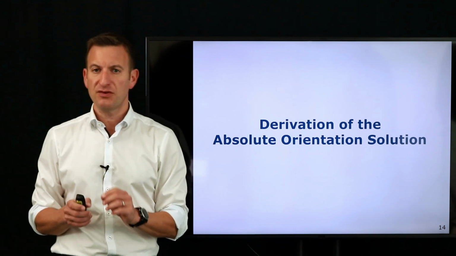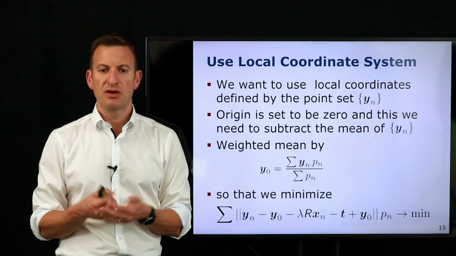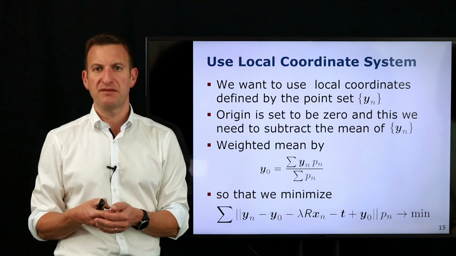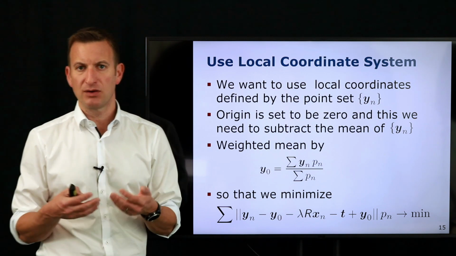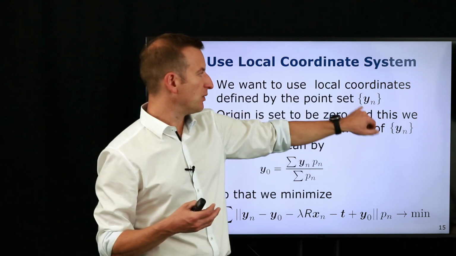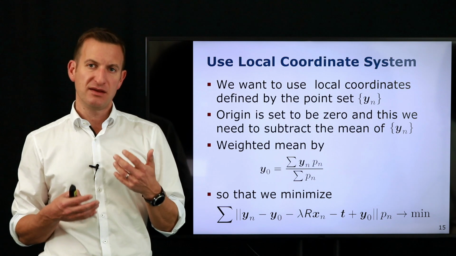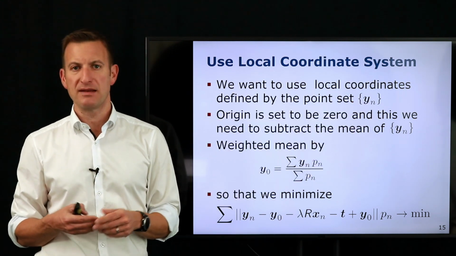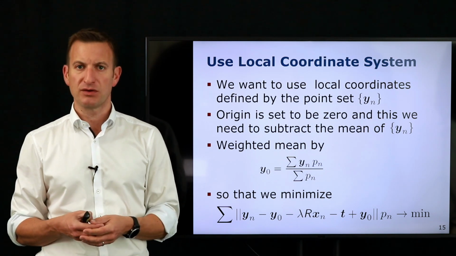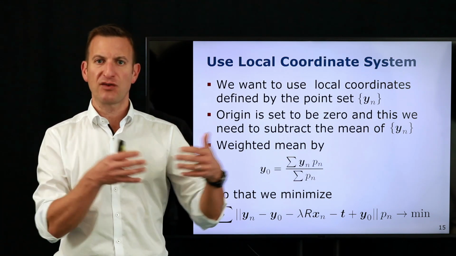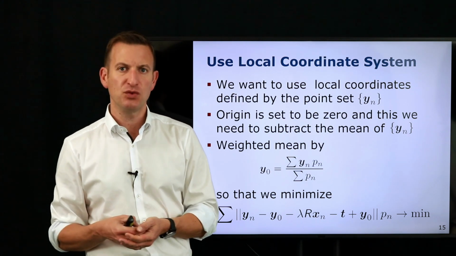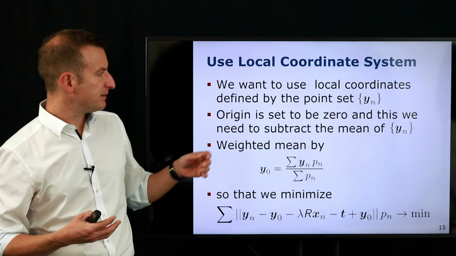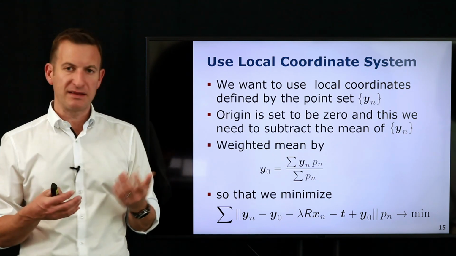Okay, so the first step that we are doing is we want to change our coordinate system into a kind of local coordinate system, and this should be defined by the point cloud yn, and we want to do that in a way that the center of mass, so the mean computed over those points yn, is the origin of our coordinate system. So we want to do a shift in x, y, z, or in x, y if we do this in the 2D world, in order to make a shift of those points so that all the points can be provided in this local reference frame.